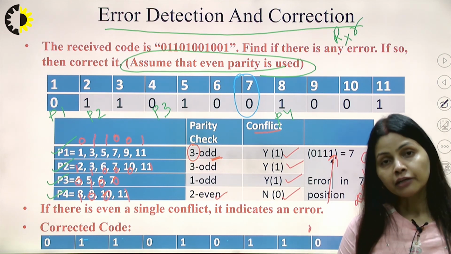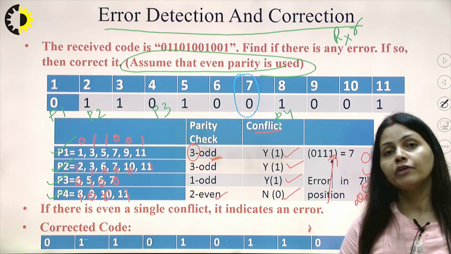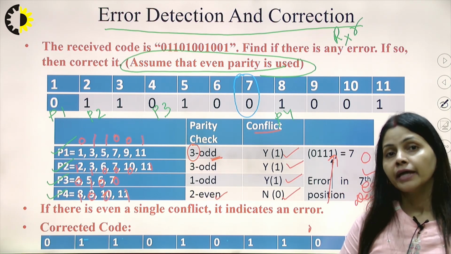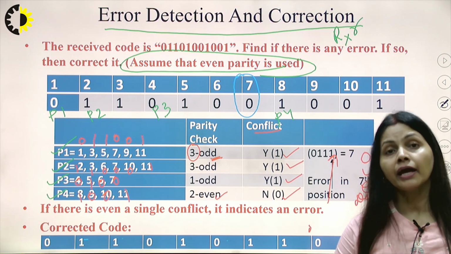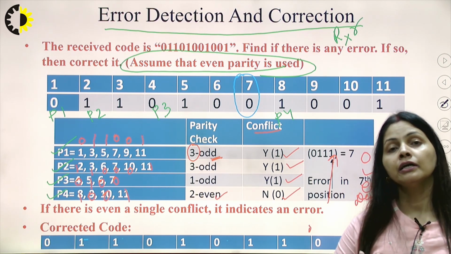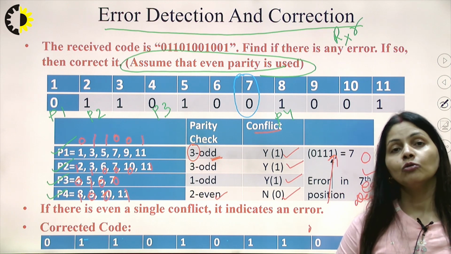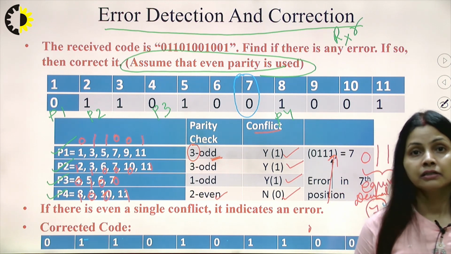If we have that information, then only we can get the exact error, and then only we can detect the error, and then only we can correct the error. Thank you.